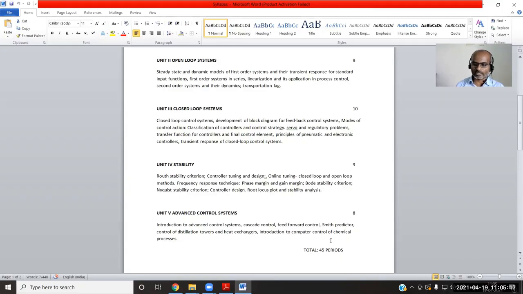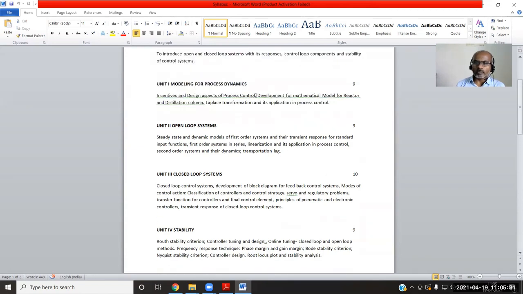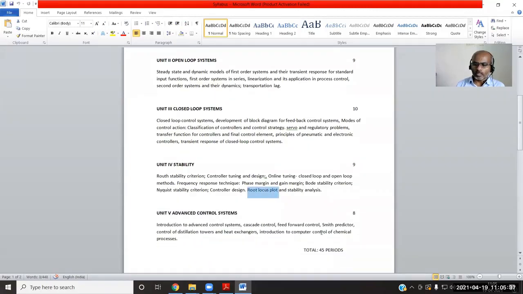For the end semester at least, I can say, because we are only asked to set the question paper, I will reduce questions on topics like the mathematical model for reactor and distillation column, root locus plot, Smith predictor, and computer control of chemical processes. I will just give an idea about these topics, and we won't have a rigorous discussion. Of course, it is also not needed. For the examination, I will have very minimal questions on those topics.